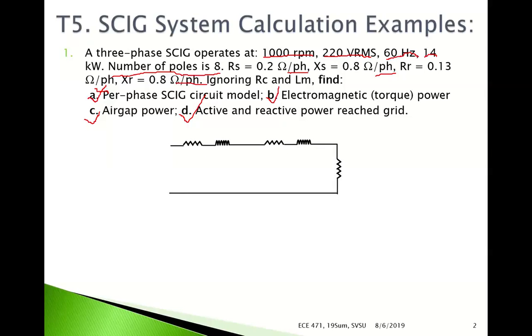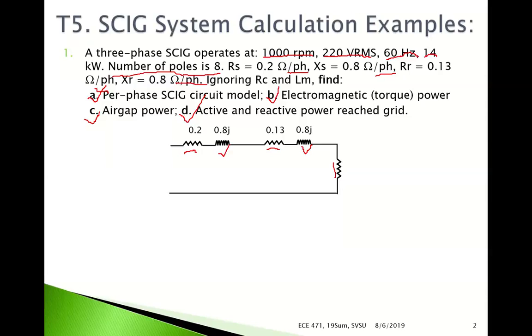So the circuit model includes 5 components: 3 resistances and 2 reactances. 4 of them are directly given as per phase values. Very nice. Shown here, 0.2, 0.8j, 0.13, and 0.8j as givens up here.